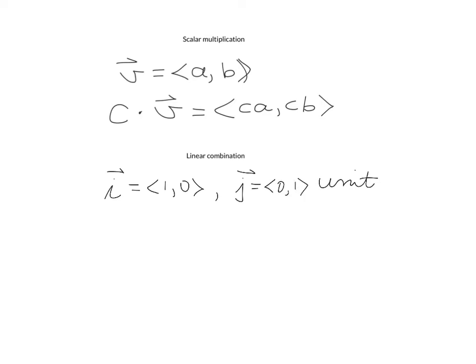So these are unit vectors, i pointing in the x direction and j pointing in the y direction. And all this enables us to do is that if I have any vector v, again, defined as (a, b), it can be written as a times vector i plus b times vector j. And that's known as a linear combination of vectors.